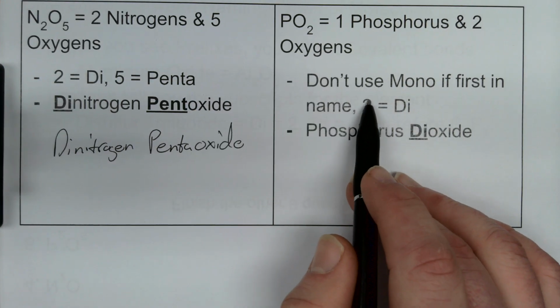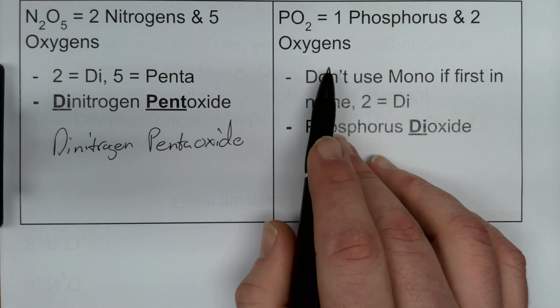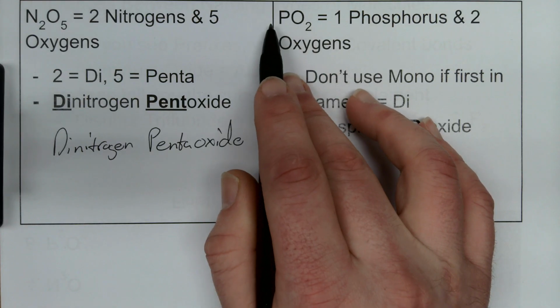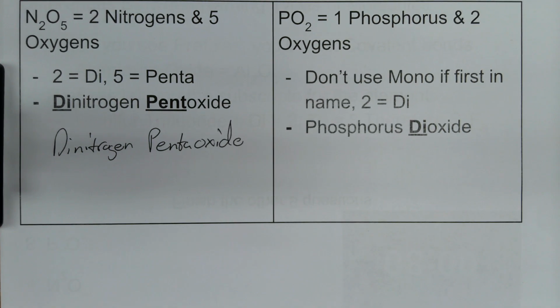But there is one small little rule we have to make sure is set. So here we have phosphorus and oxygen. I have 1 phosphorus, 2 oxygens, right? If I'm following the rules, it should be monophosphorus dioxide. But if mono would be the prefix before the first element, we don't worry about it.